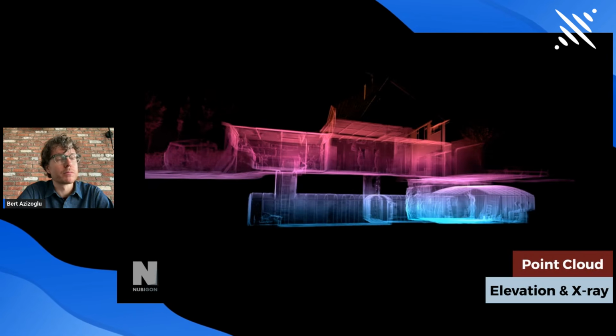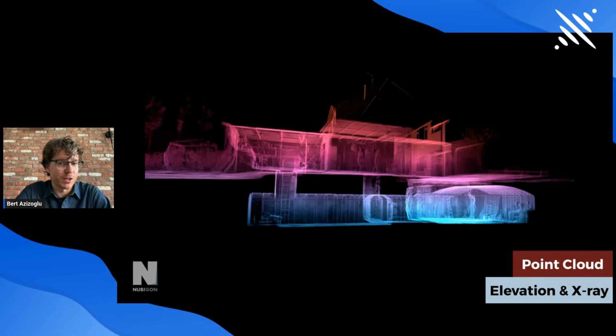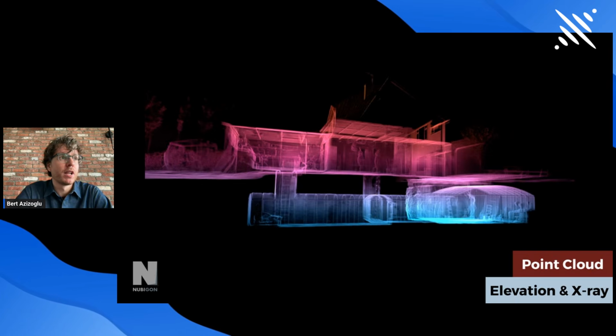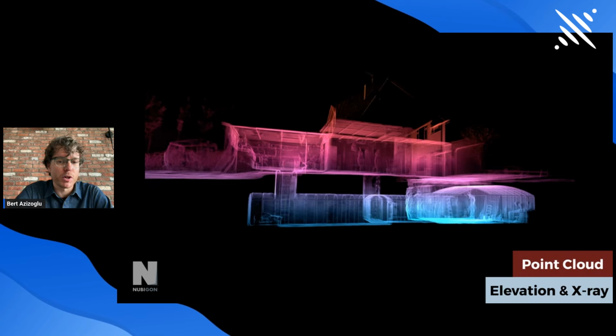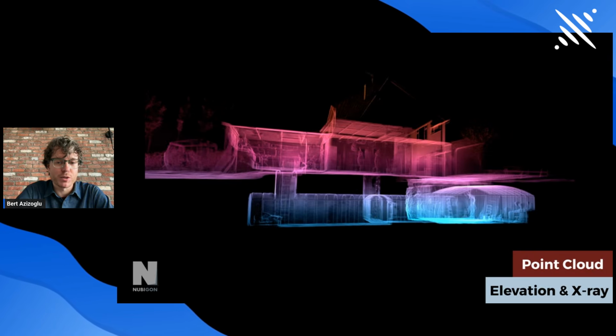If you have complex sites where you have intricate room arrangements, which is obviously quite present in an industrial setting, or if you're working with low resolution, low density point clouds, then the X-ray works really well. Here we see an example that applies elevation and X-ray to the point cloud.